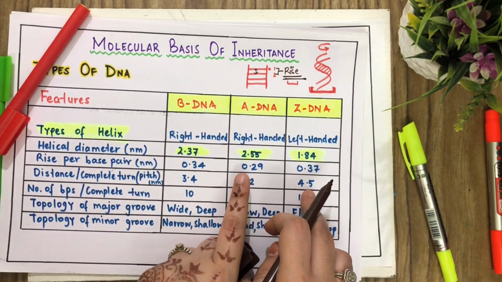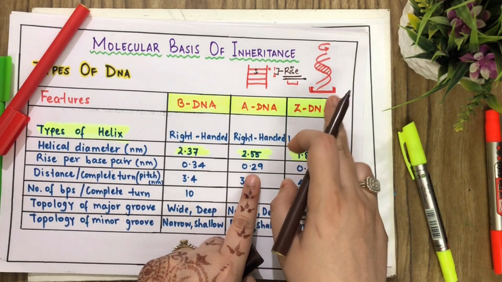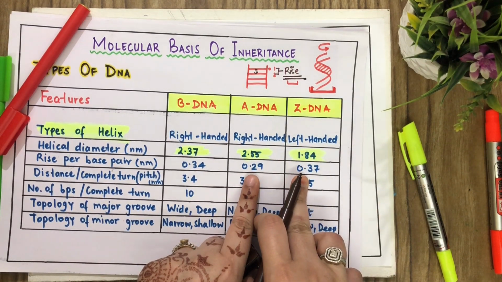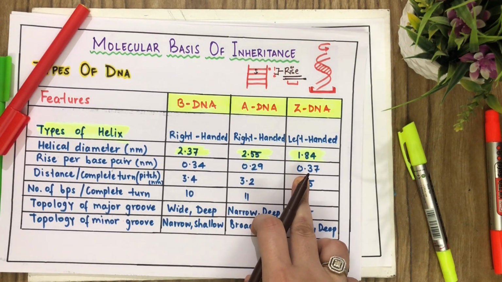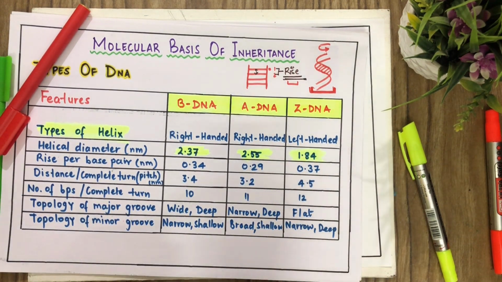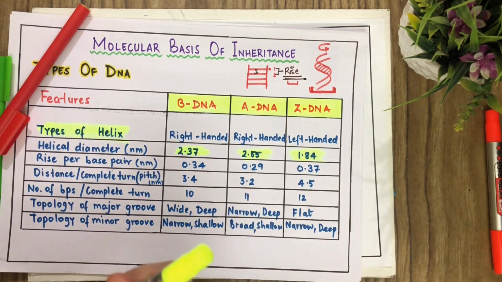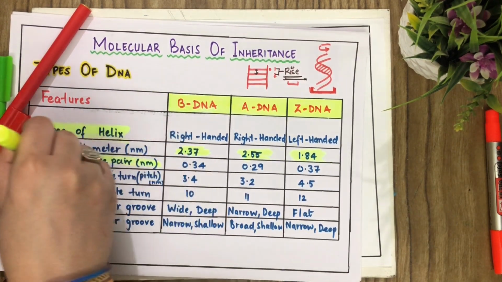In A DNA it will be 0.29, and in Z DNA it will be 0.37. Fine. So this was rise per base pair.